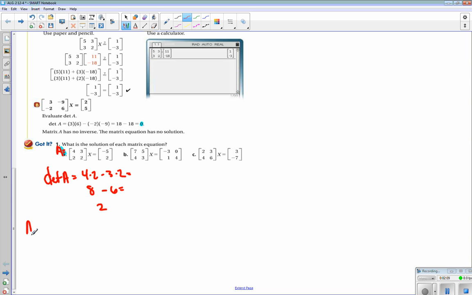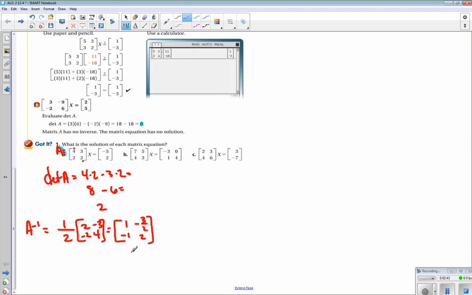So the inverse of A is 1 over the determinant times, I'm going to switch A and D and negate C and B. So now I'm going to cut all these in half: 1, negative 3 halves, negative 1, and 2.